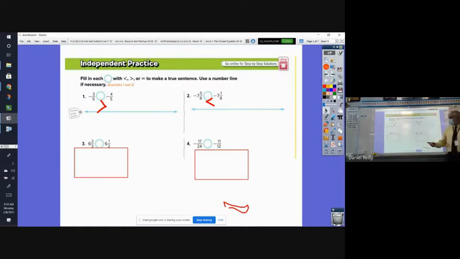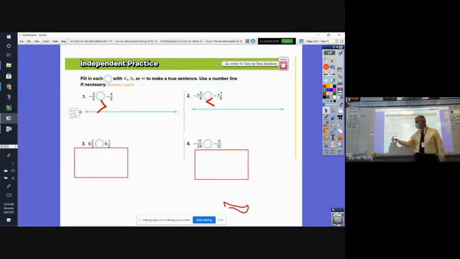So, all right, 6 2/3 and 6 1/2. How do you know which one of these is bigger? Kenny? Denominator. Well, because this is a 3 and this is a 2, so the 3 is bigger.